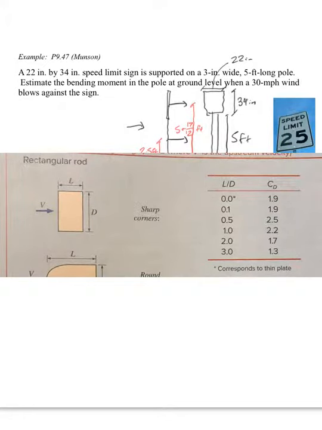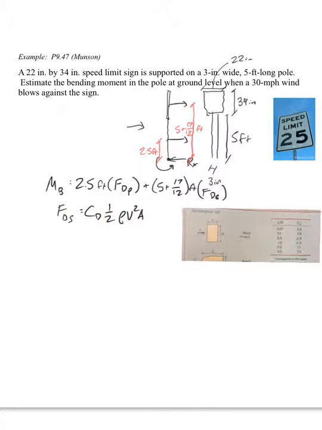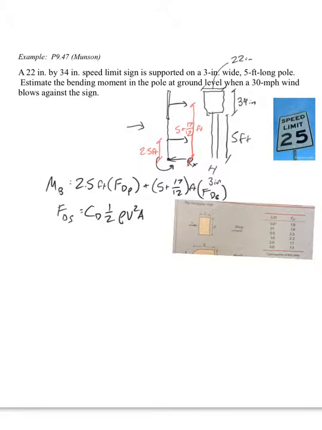So this is what we see in our book. Here's our velocity of the wind that's going against here. L is very thin, D is long, so corresponding to a thin plate, which is what this is, we see that our CD is 1.9.